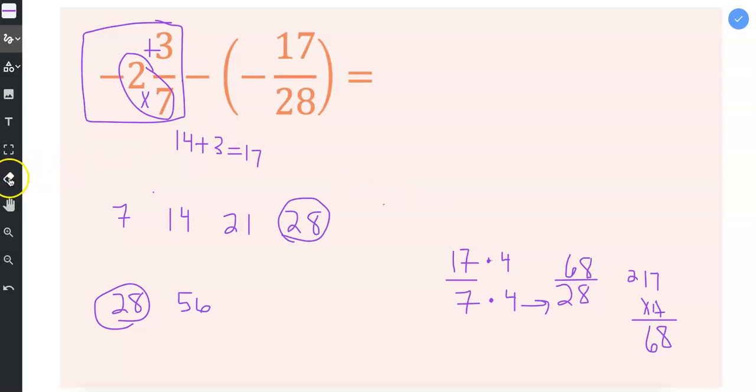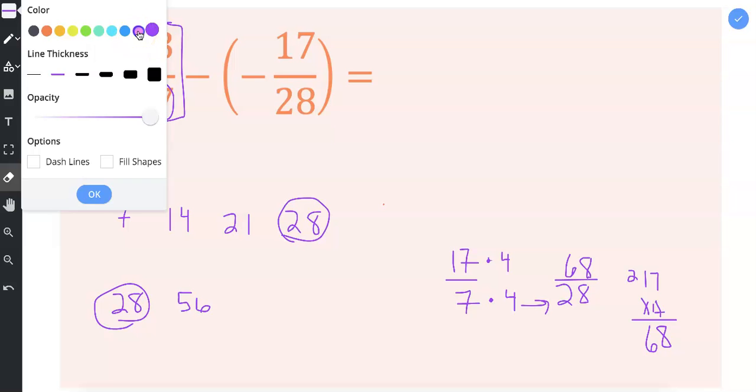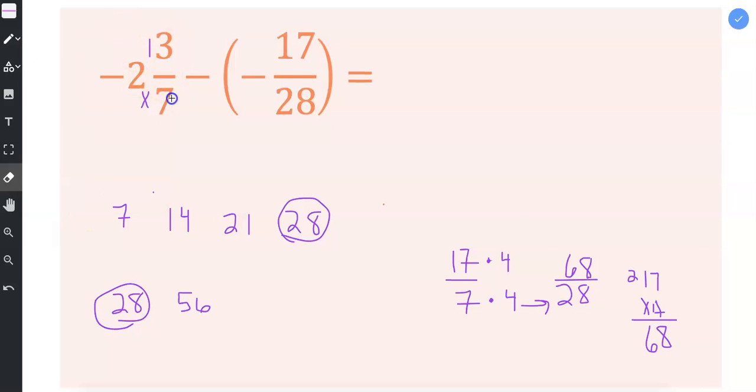So I need a little bit of room here. So I'm going to replace, oops, I'm still on the eraser, the 2 and 3 sevenths with 68 over 28.